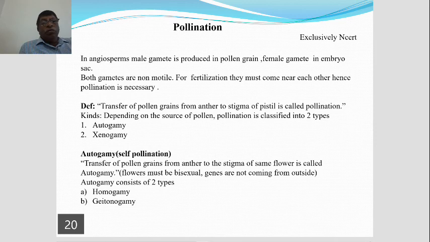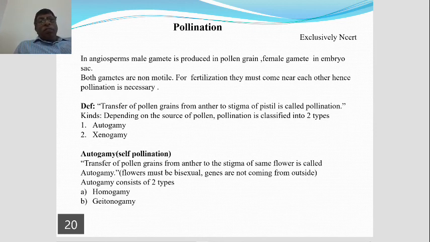Autogamy is also called self-pollination. What is autogamy? Transfer of pollen grains from the anther to the stigma of the same flower is called autogamy. So the pollen is transferred to the stigma of the same flower.